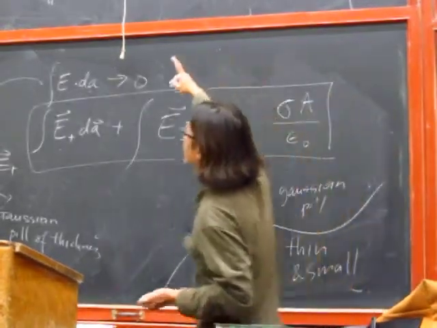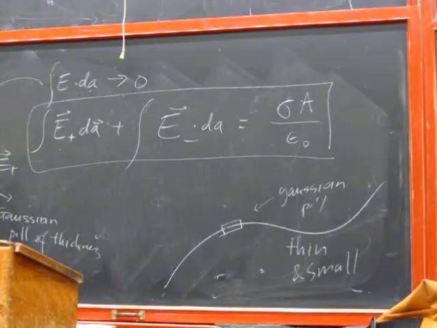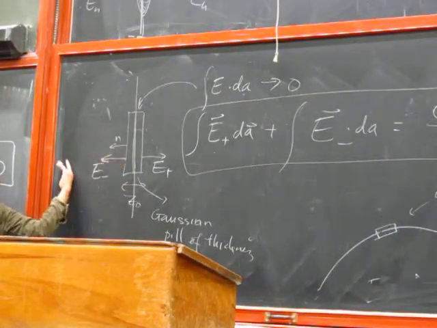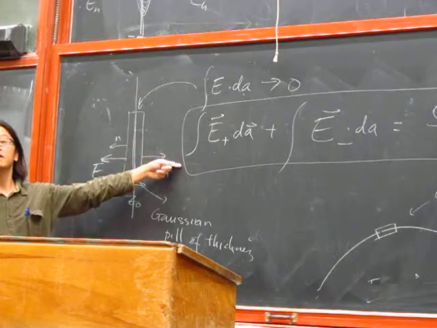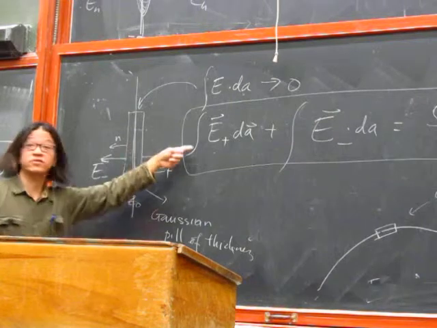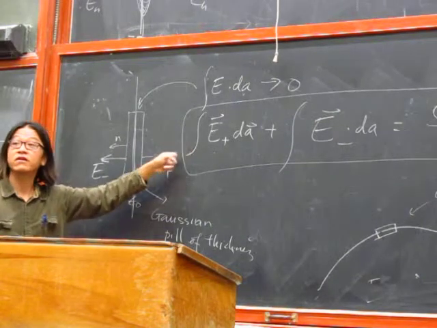There's always some kind of discontinuity: the electric field is pointing in this direction on one side of the surface, and in the other direction on the other side.